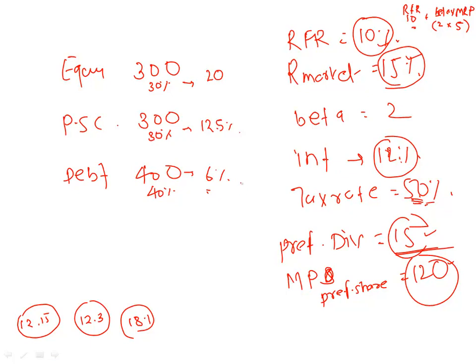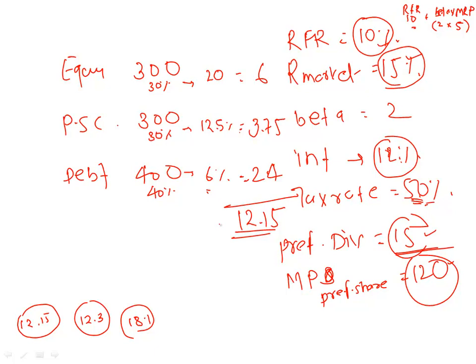Yes, please ask questions. Anything not clear? Now after this you simply need to calculate weighted average. 20 into 30% is 6. This would be 3.75 and this would be 2.4 and a total of all of these would be 12.15.